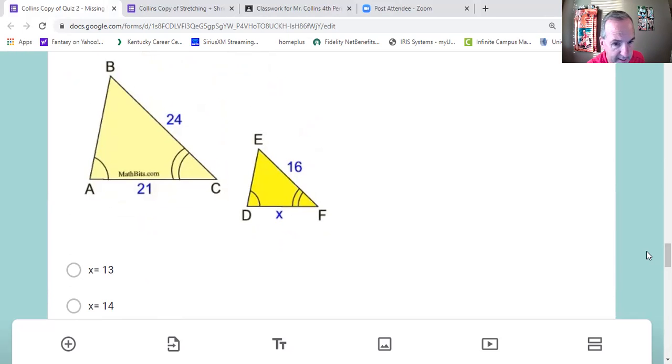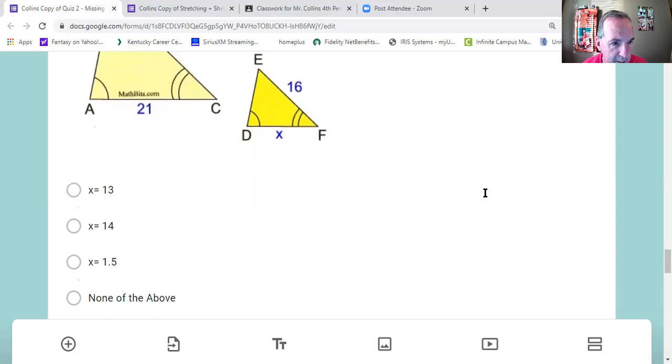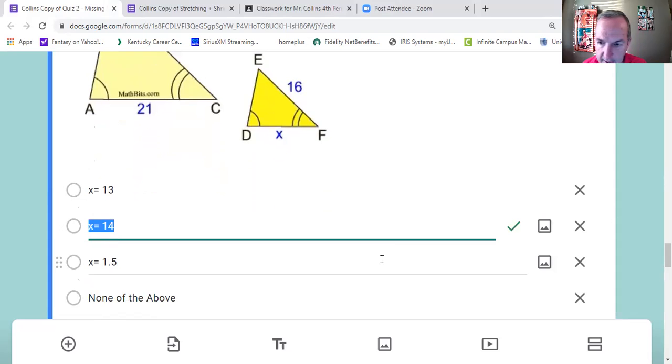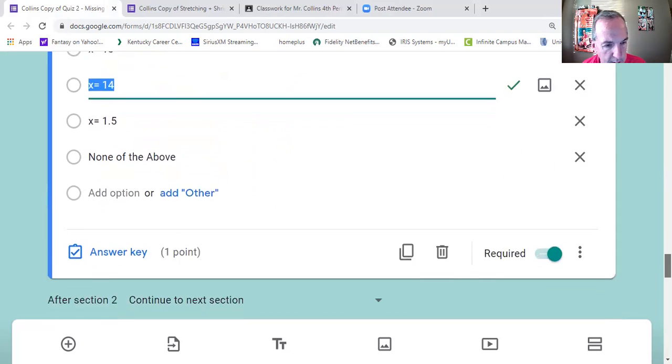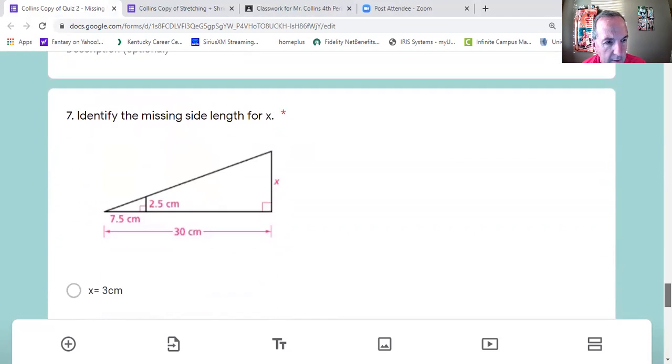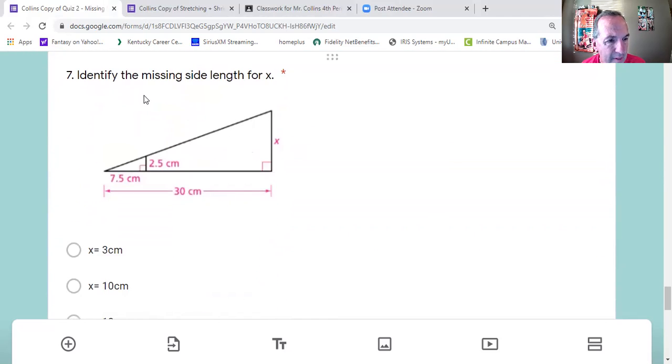If we multiply that times 21, that gives us, I might have misspoke before. The overall answer is not going to be less than 1. The scale factor is less than 1. And that does, in fact, give us an answer of 14. If I click that, you'll see that that answer was 14. Okay. Then we have nested triangles. These are exactly the same. It's just that the smaller triangle is inside the larger one. The same rationale pertains. Okay.